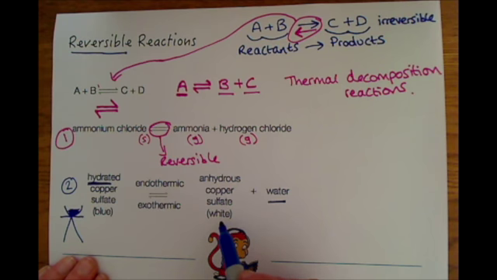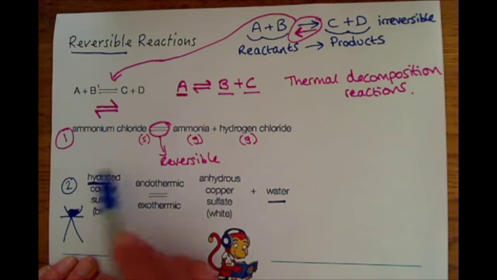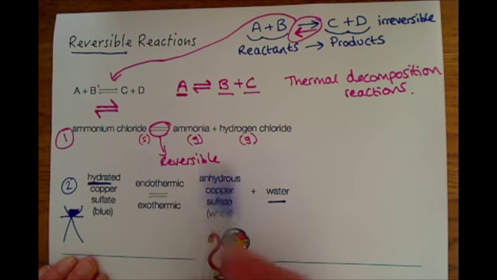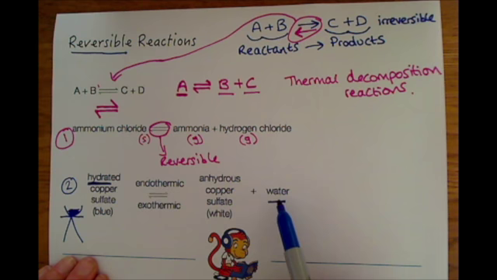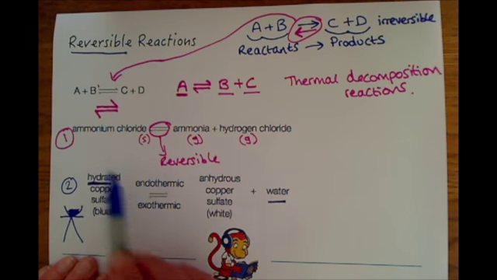But this reaction is once again reversible. So as well as turning the hydrated copper sulfate into anhydrous copper sulfate and water, if you were to have this on its own and add water again, you would go back to what you started off with, the hydrated copper sulfate. So it is a reversible reaction, again shown by this symbol here.